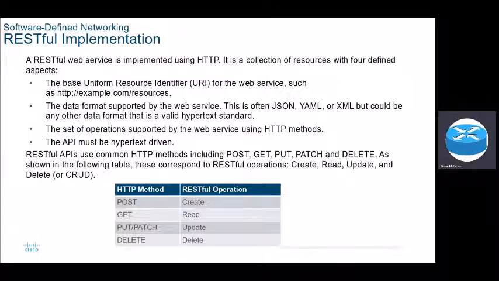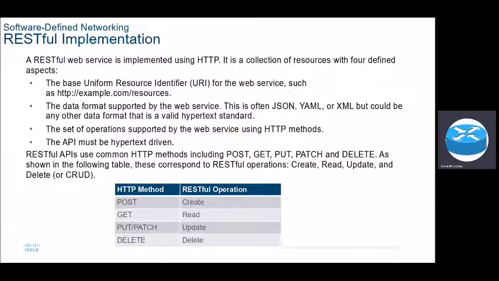A RESTful web service is implemented using HTTP. It's a collection of resources with 4 defined aspects. You have a base uniform resource identifier, such as example.com/resources. The data format supported by the web service, which is often JSON, YAML or XML, but could be any other data format that is a valid hypertext standard.